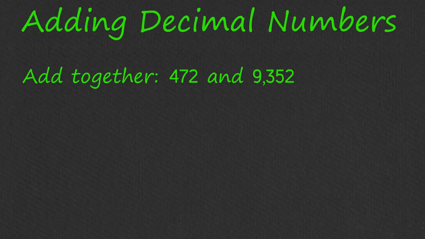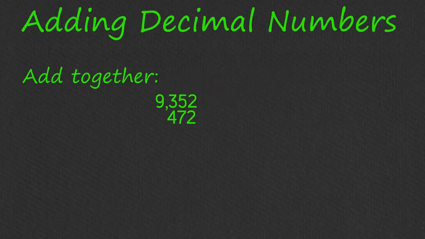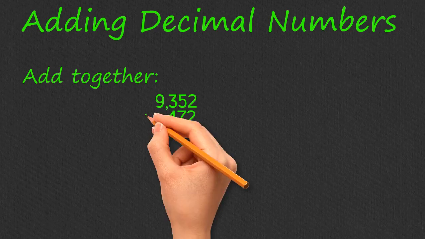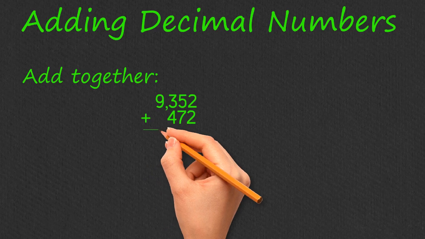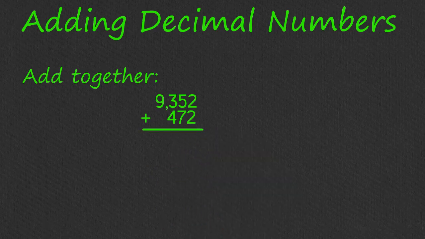So, first we line up the two numbers, making sure the same place values are under one another. We will write the longer number on top, then we will write out the addition sign and underline the bottom number. Now that we set up the addition the right way, we can start carrying out the calculation.